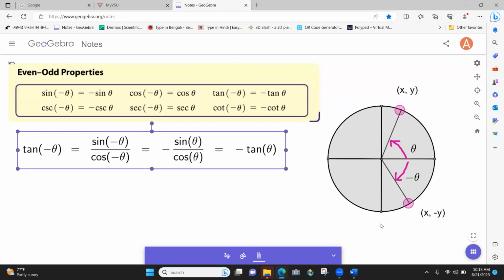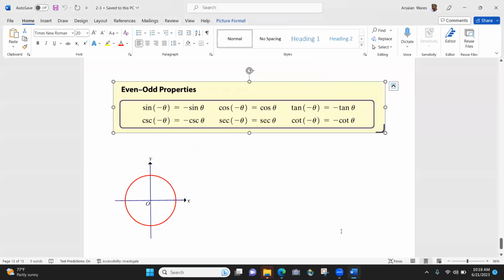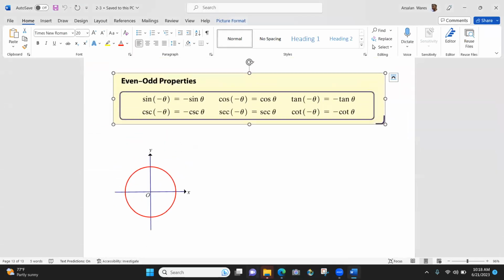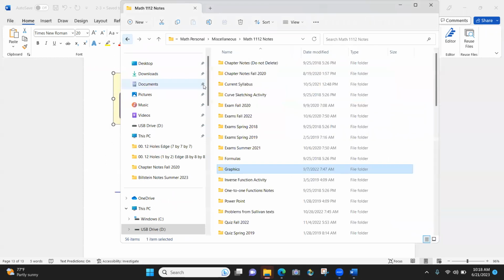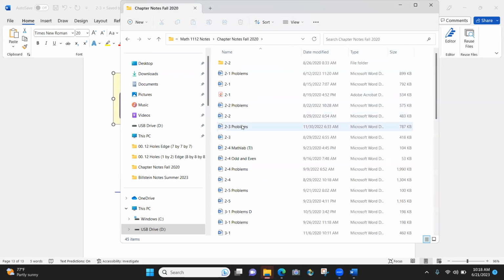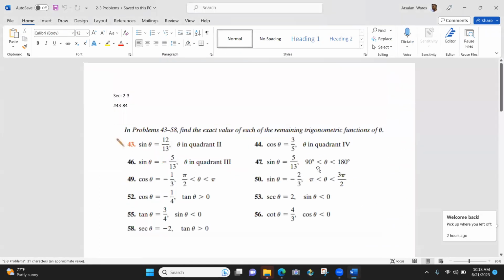Okay, guys. I don't think we'll be able to finish the chapter today, but try the problems. I think we are done with lecture. Let me grab a couple of problems, and you're going to find these problems a little more challenging. This is 2.3.